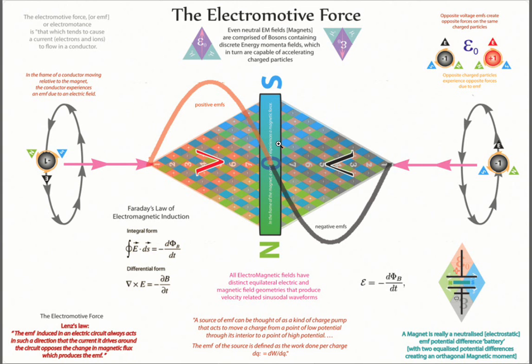It just so happens you can also view in these terms a bar magnet as being a battery that stores the energy of the energy momenta of force within the neutralized EM fields of the bar magnet. So you can view it as a battery.